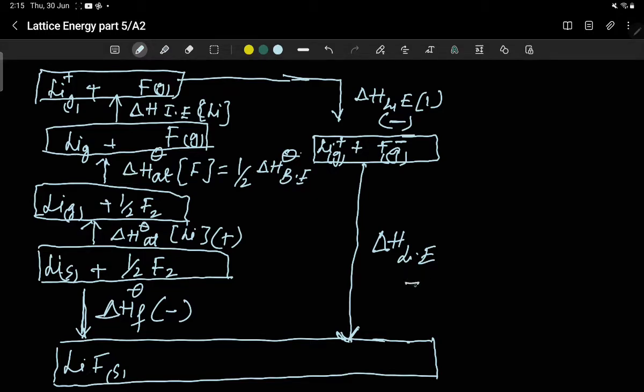It is also negative because when opposite ions attract each other, a large amount of energy is released. So this is the direct route.